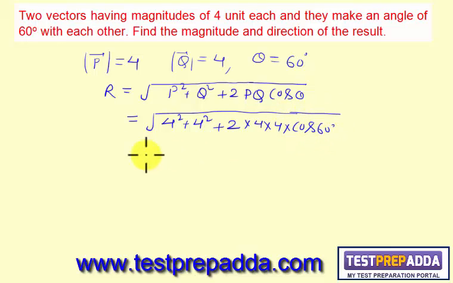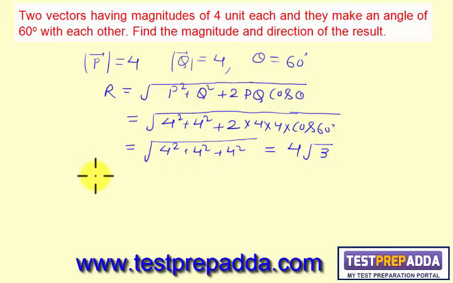Cos 60 is 1 by 2. So it becomes 4 square plus 4 square plus 4 square, and finally it comes as 4 root 3.